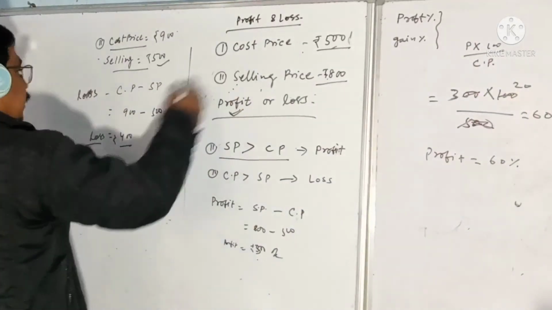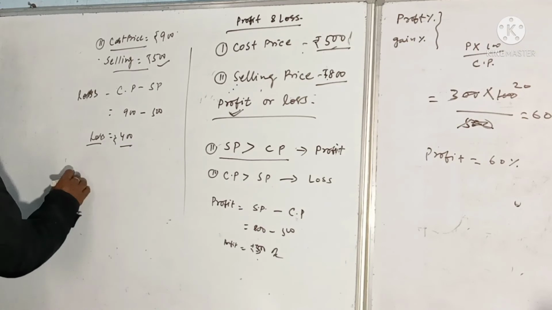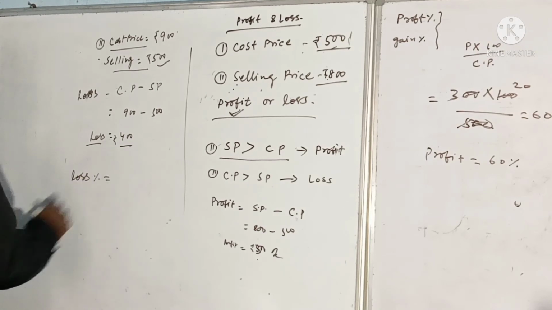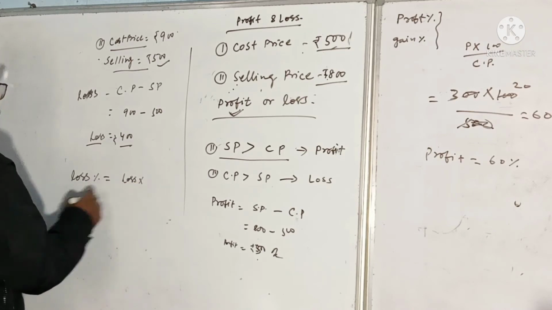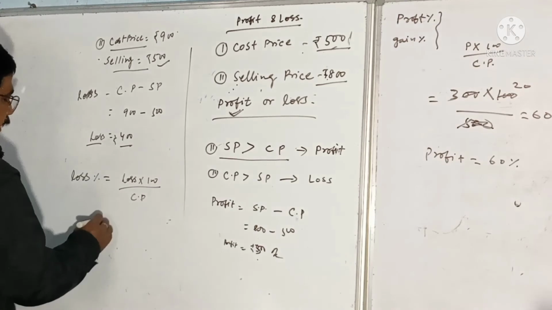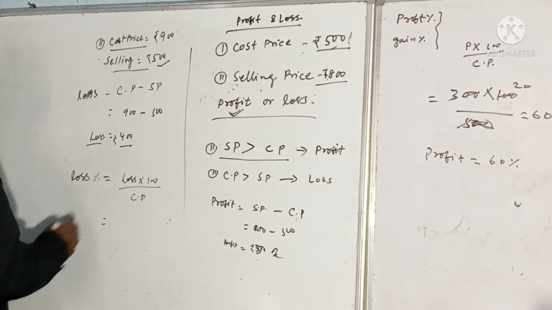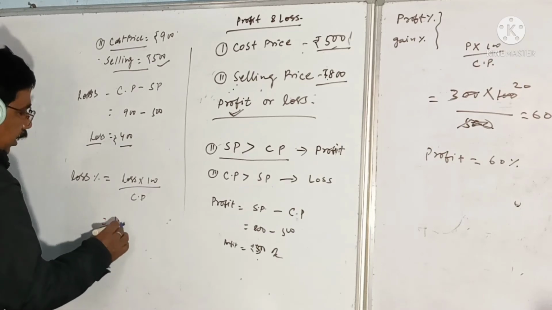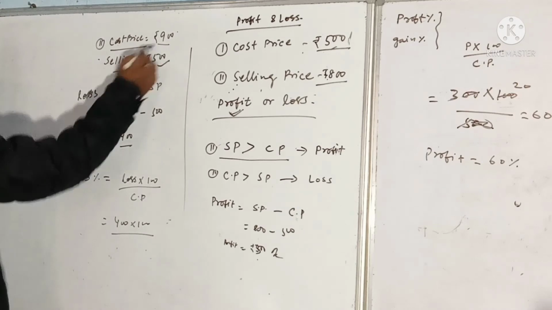Now here is the next question, loss. Loss percent is equal to loss into 100 by cost price CP. Now here loss is 400. 400 into 100 by CP 900.